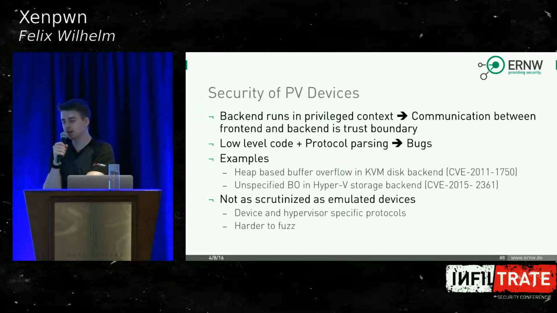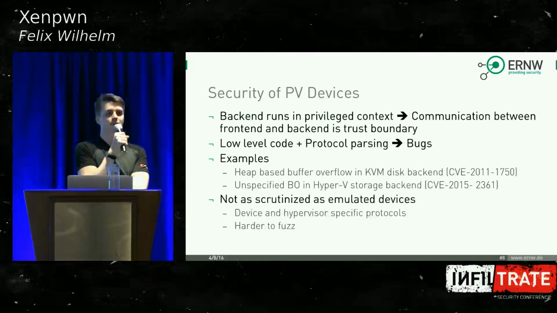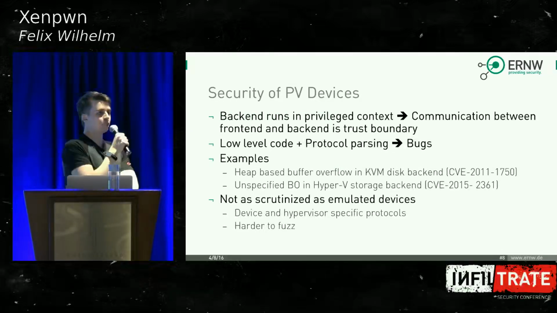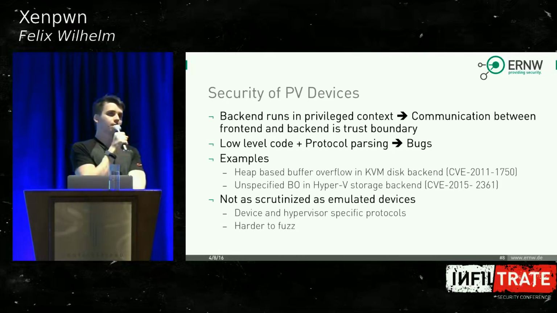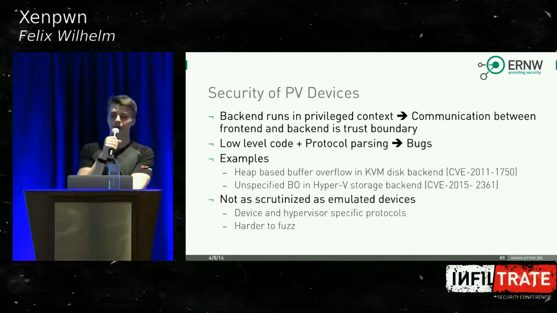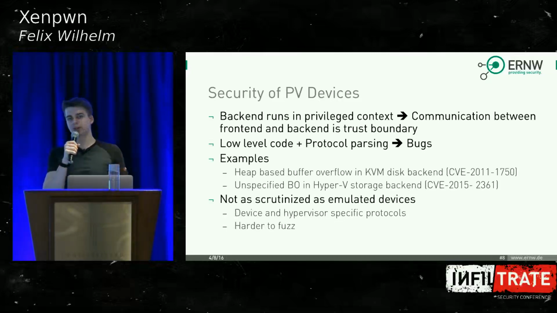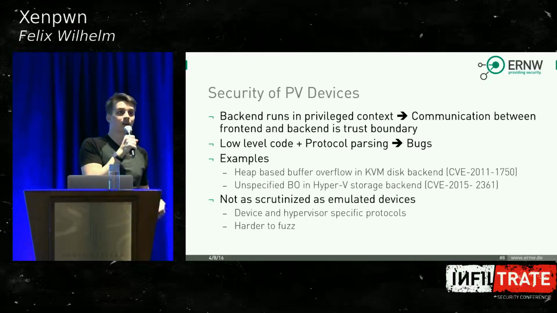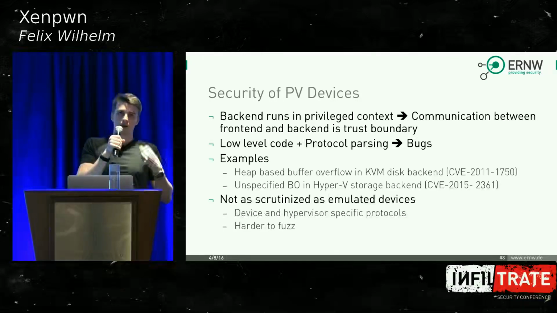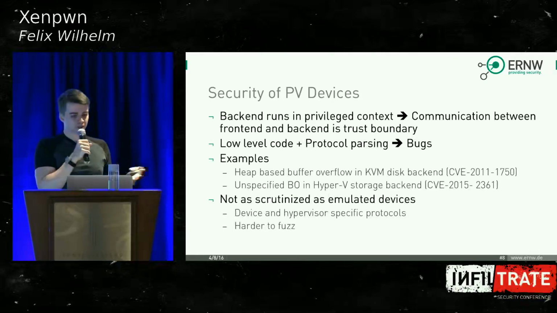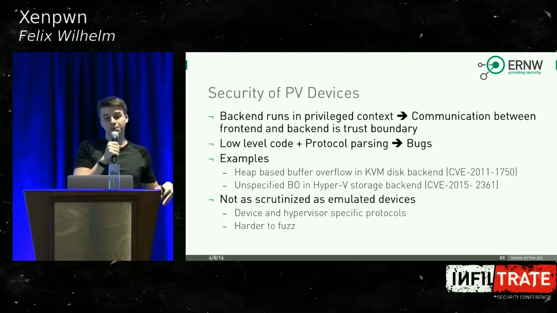So why are paravirtualized devices interesting from a security perspective? The main reason is, of course, that the backend runs in the privileged context. So it runs on the host system or in the management domain, which means the communication between the front end and the backend is a trust boundary. And then you have all the typical low-level code, so all backends are implemented in C, of course, for performance reasons.